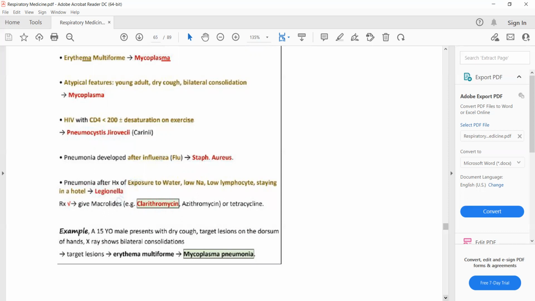Legionella is commonly present in water sources or water tanks. So a history of exposure to water, hyponatremia, and lymphocytopenia. If these features are given in the history or on the investigation findings, then your answer should be Legionella.